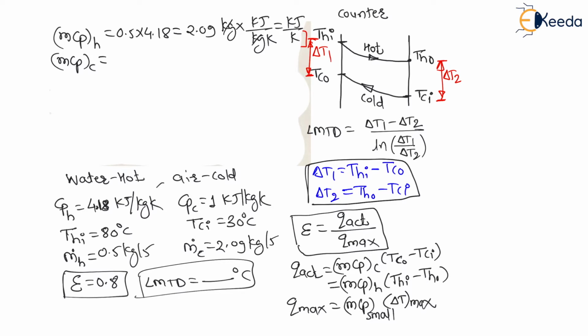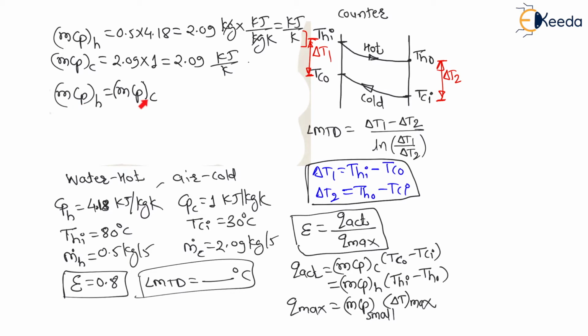Right. Again, mCp of cold. The mass of cold is 2.09 and Cp is 1. Therefore, it will become 2.09 into 1, which is equal to 2.09 kilojoule per Kelvin. Now, my dear students, here we got one result. mCp of hot is equal to mCp of cold. Therefore, my dear students, it is a special case here, right? mCp is nothing but heat capacity.